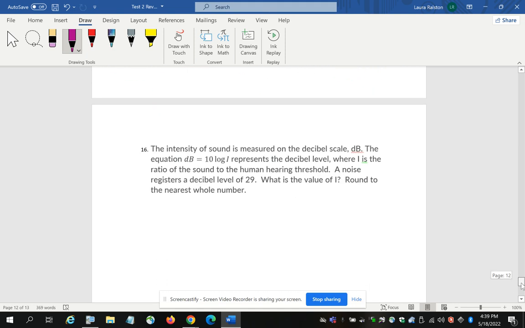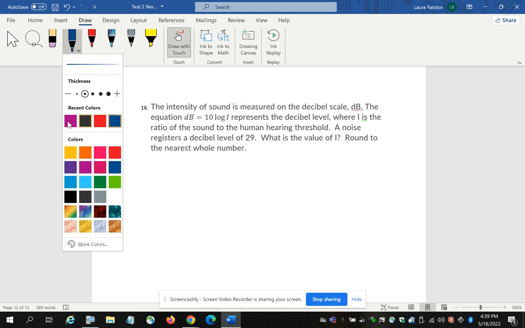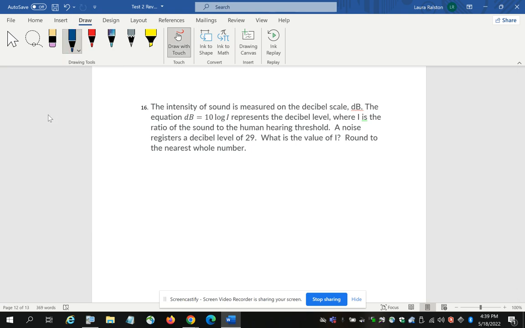And one more. It says the intensity of sound is measured on the decibel scale, represented by dB. The equation dB equals 10 times log I represents the decibel level, where I is the ratio of the sound to the human hearing threshold. A noise registers a decibel level of 29.